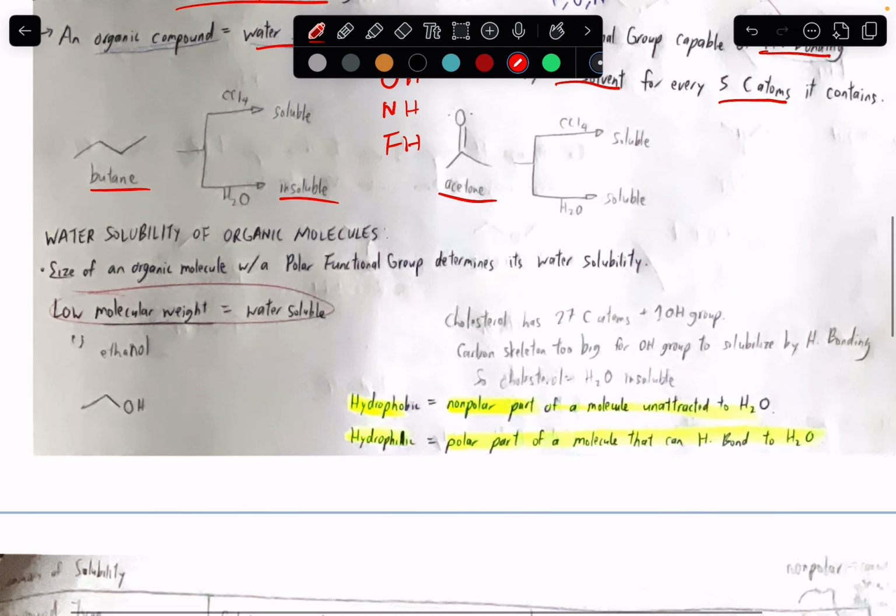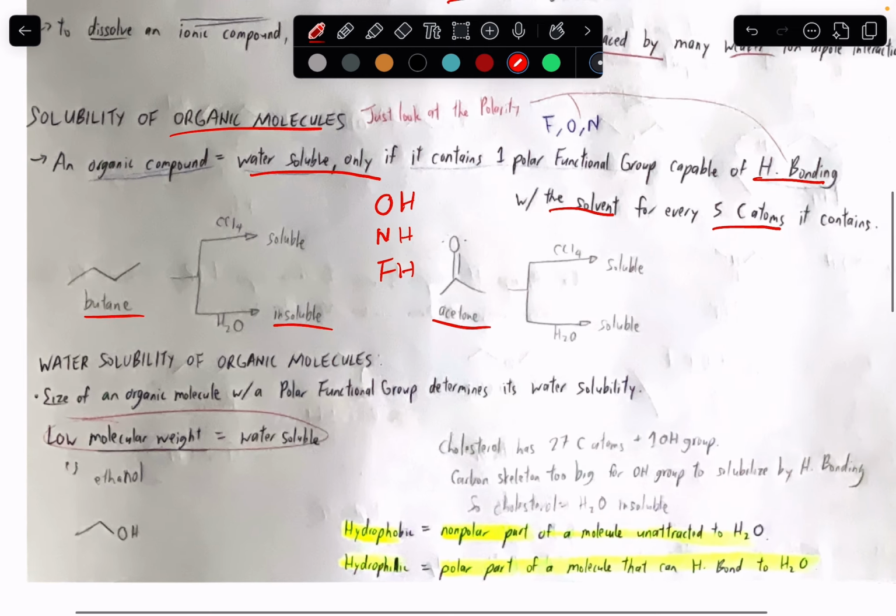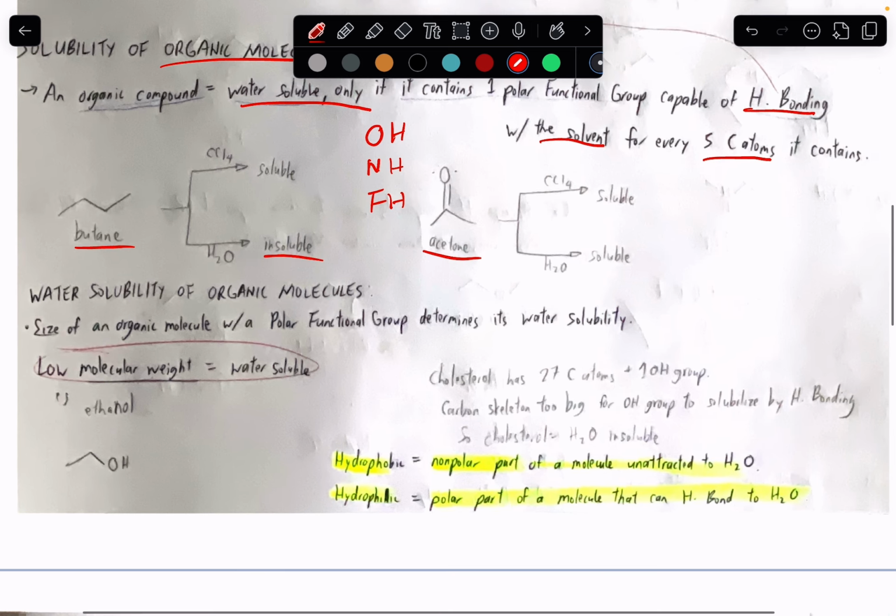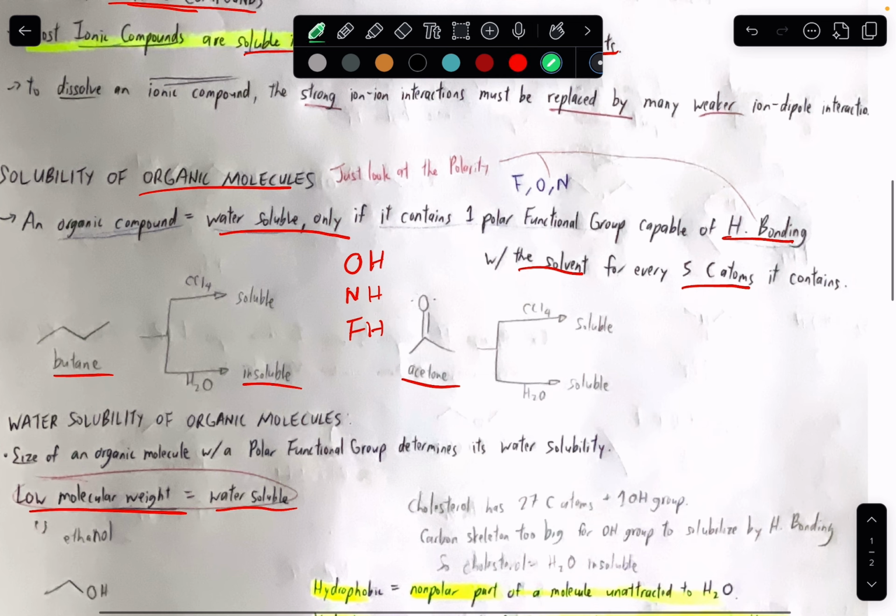How about water solubility of the organic molecules? It's just a continuation of what I'm talking about. So, the size of an organic molecule with a polar functional group determines its water solubility. So, ano yung trend specifically? So, low molecular weight means it's water soluble. So, it's basically an extension of this condition. So, yes, it is water soluble, yung organic compound natin, kapag it is capable of hydrogen bonding. But there's a limitation.